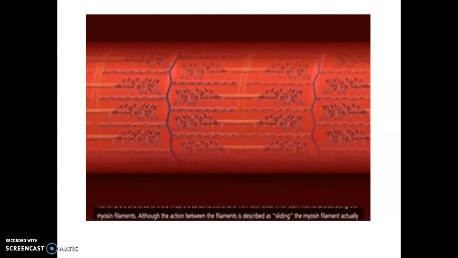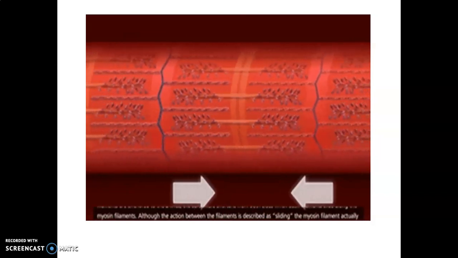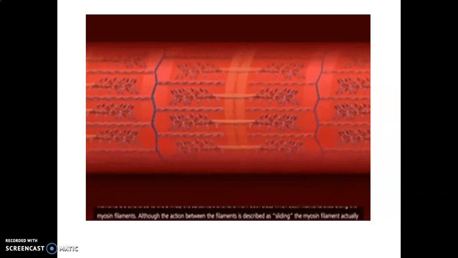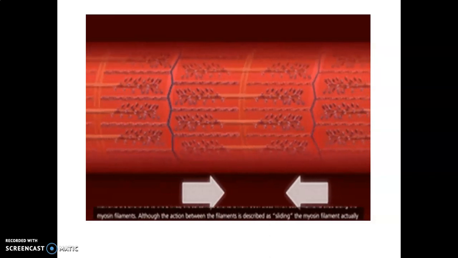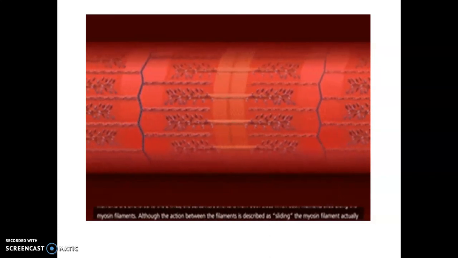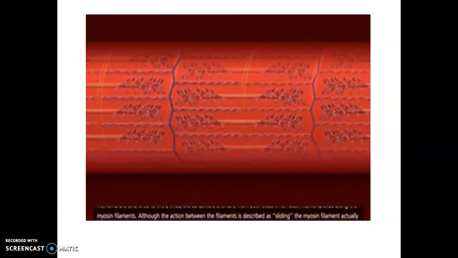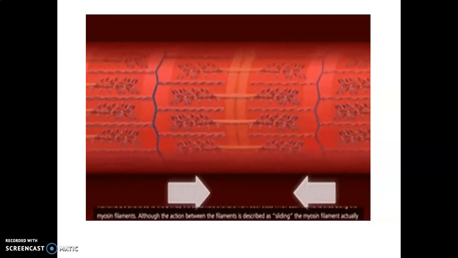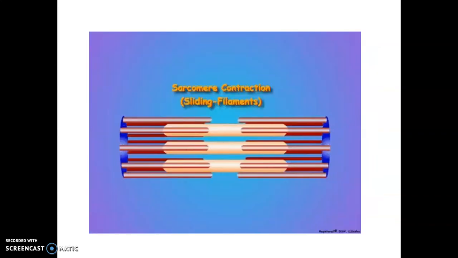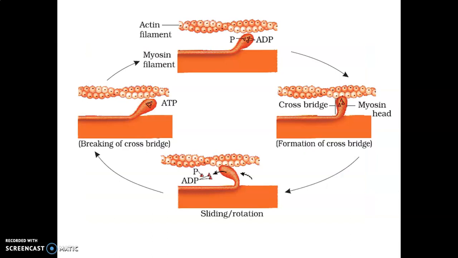Now, we are going to explain the mechanism behind that. Muscle contraction is initiated by a signal sent by the central nervous system via a motor neuron. A motor neuron along with the muscle fibers connected to it constitutes a motor unit. The junction between a motor neuron and the sarcolemma of the muscle fiber is called the neuromuscular junction or motor end plate.